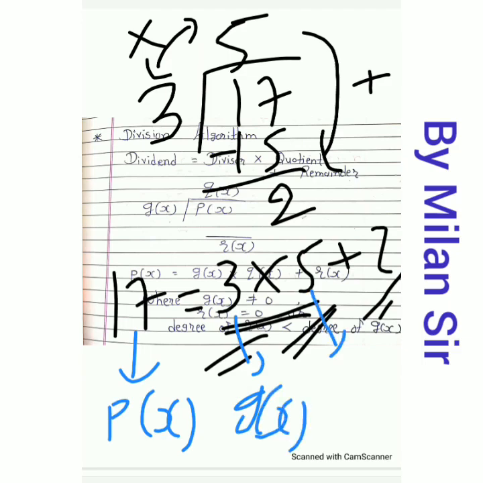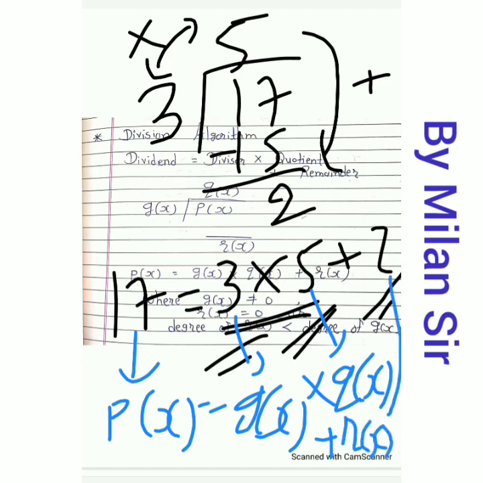This is our quotient, q of x, and plus our remainder r of x. So our division algorithm is p of x is equal to g of x into q of x plus remainder r of x.